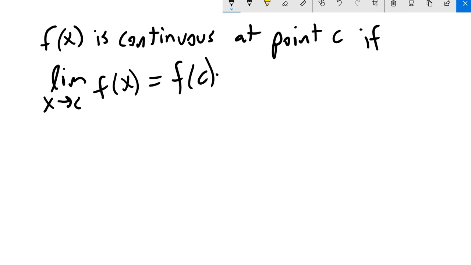And then we can further say that the function is continuous if it is continuous at every point c. So that would mean we would have a continuous function on that range.